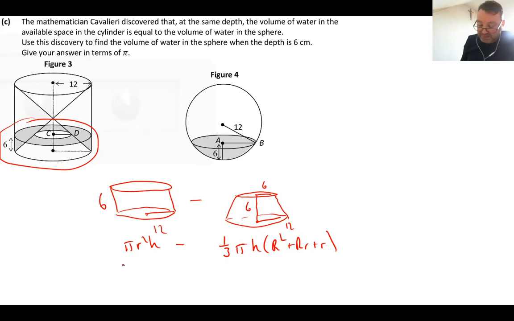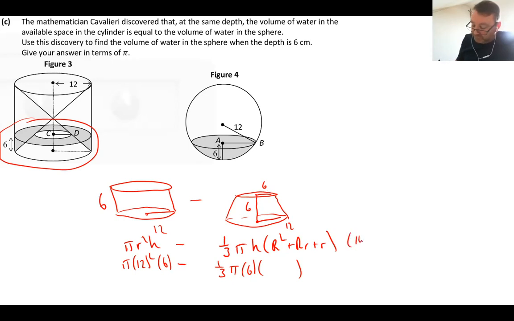So it all fits. So pi times 12 squared times 6 minus a third times pi times the height, 6, times, now, r squared, 144. 12 times 6, 72. So let's just do that very quickly over here.